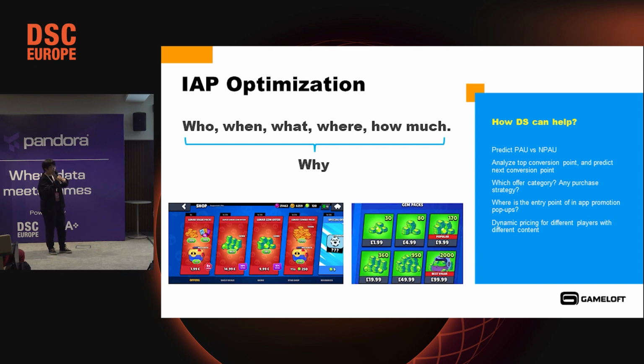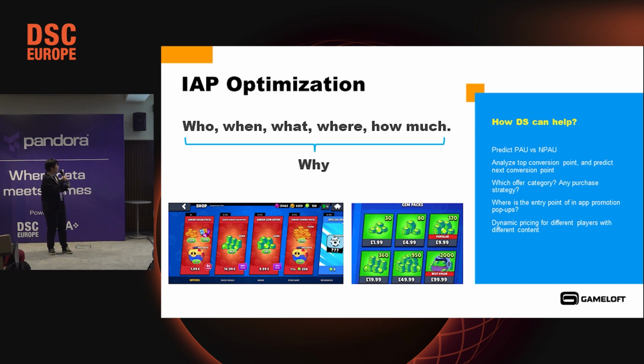Either you ramp up your hard currency, or you're very good in your skill, which is very rare in players because you need to be really, really good. For example, with racing and so on. Then that's the top conversion point. And we want to predict, after this conversion point, where the next conversion point would be.